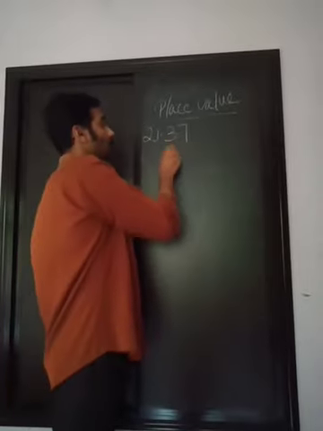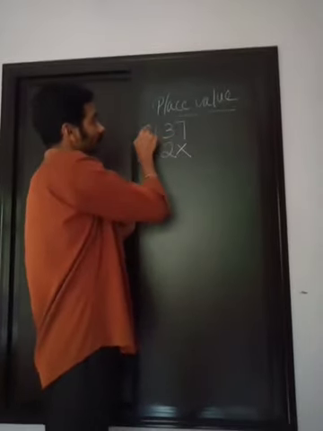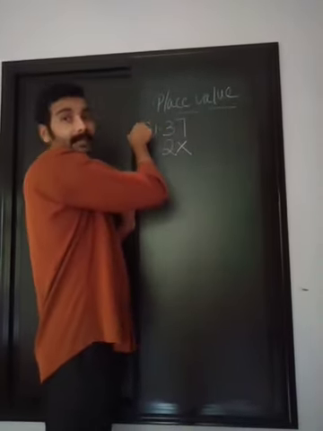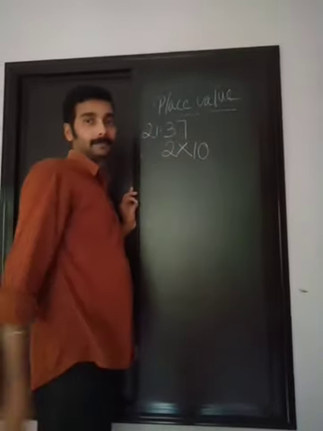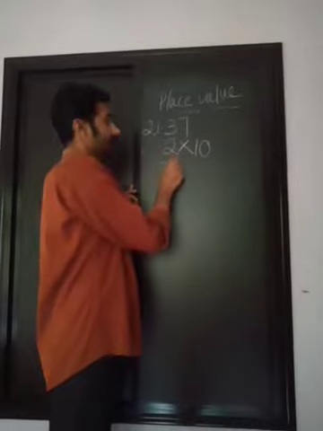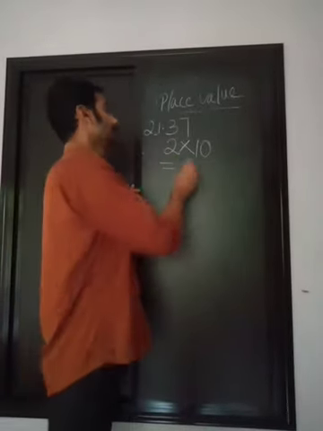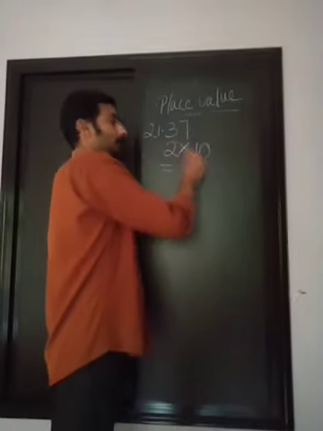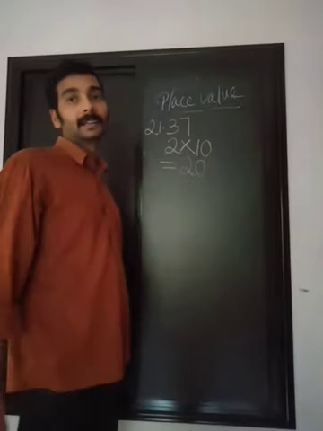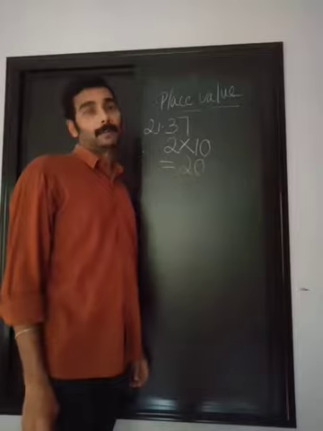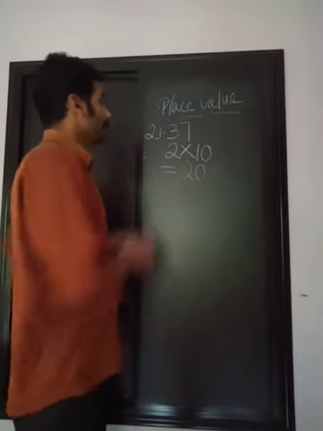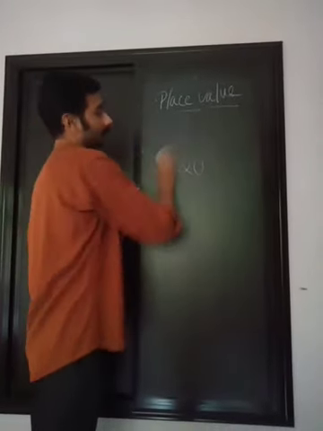That means 2 into 10. The answer is 2 into 10, that is 20. Clear?